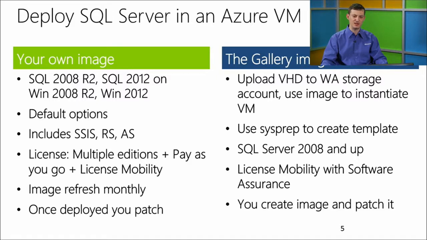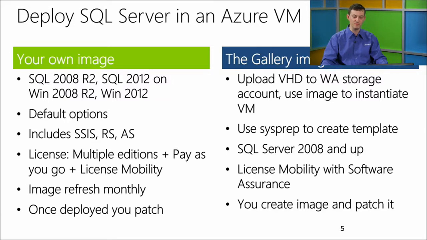And one other thing I would like to mention about your own image is that there are two different things you can do when deploying from it. You may deploy just an individual VM: you upload your VHD, create a VM from it, and you're ready to go. Or, if you need to deploy multiple copies of what you have as VHD content, then you can use sysprep to prepare that VHD image as a kind of template.